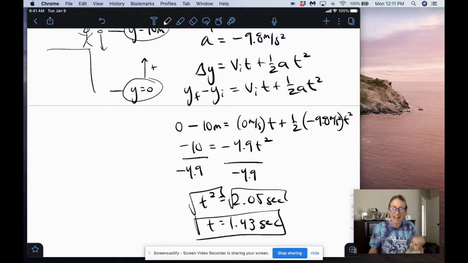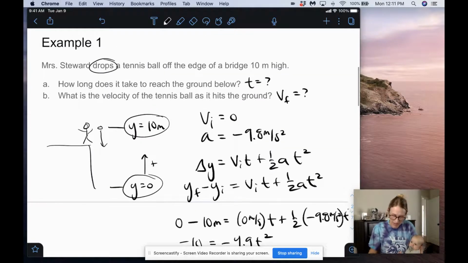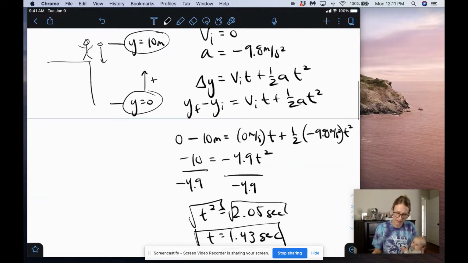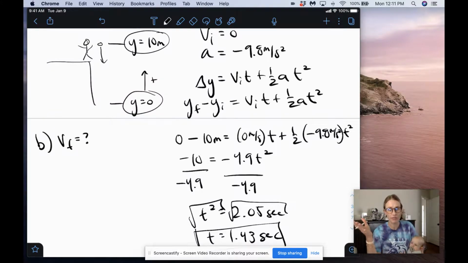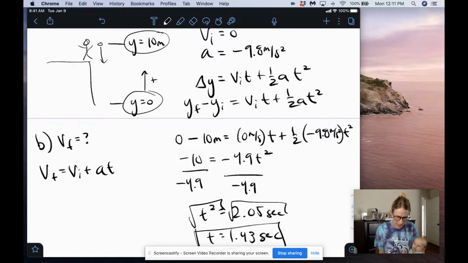All right, so that's part A, and then let's look at part B. We want to know what is the velocity of the tennis ball as it hits the ground. So here we're looking for final velocity. We could use any equation now because we know every other variable. So I'm going to use the first basic one, V final equals V initial plus acceleration times time, just because it makes my life really easy.